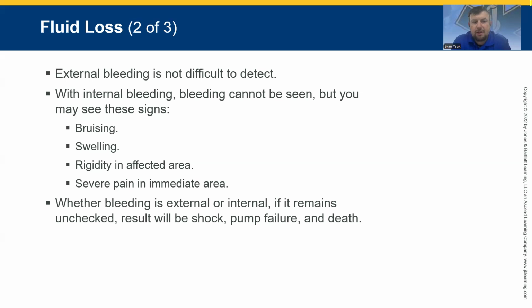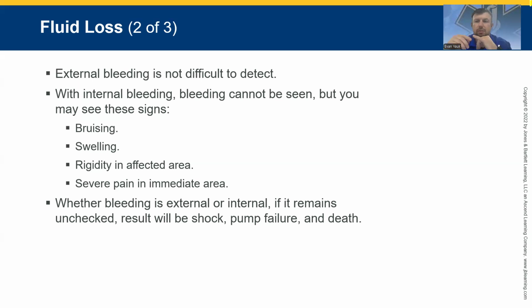So the other thing that I teach students is anytime there's possible pelvic fracture or broken hips, we really need to pay attention to make sure we're not internally bleeding there too, because that pelvic girdle, if you remember, it's shaped kind of like a bowl and it can hold a huge amount of blood inside it if you have internal bleeding without us ever knowing it.